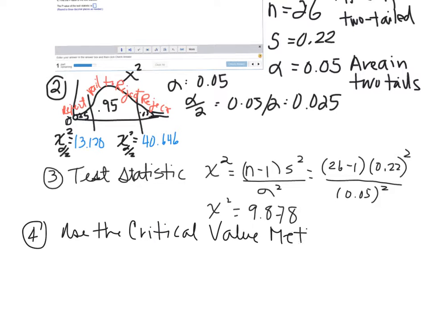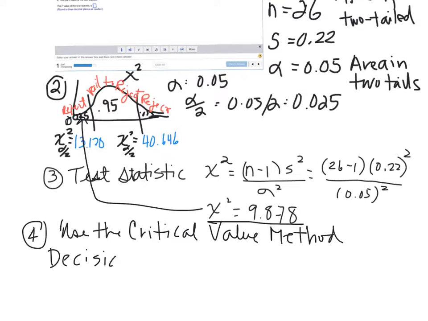All that's going to be is I'm going to look at my test statistic right here, which is 9.878, and I'm going to find where it would be in my sketch. So if you see, it's going to go here in the reject region because 9.878 is between 0 and 13.120. So if I use the critical value method, my decision is to reject the null hypothesis.